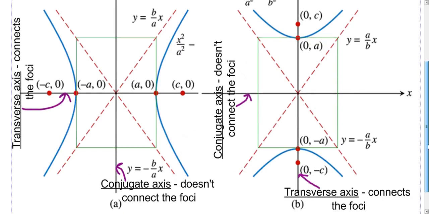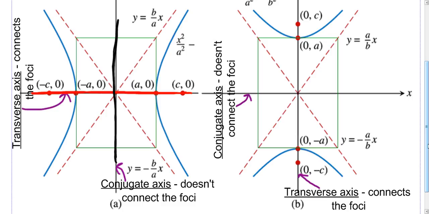So on the left picture, it's a hyperbola that has left and right branches. I just want you to notice this: the line that connects the foci is always called the transverse axis, and the line that goes the opposite direction is always called the conjugate axis.